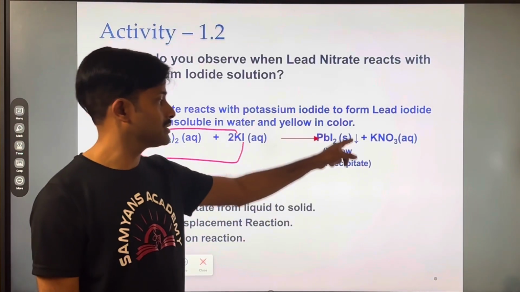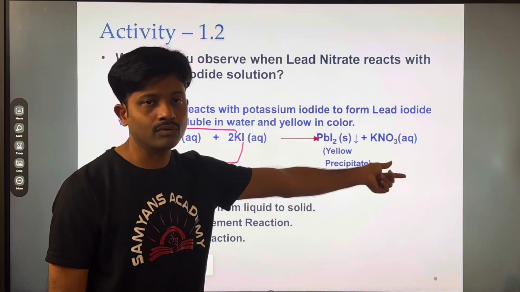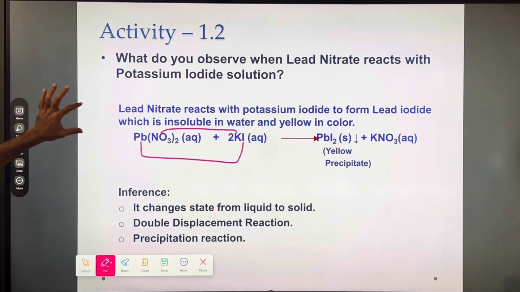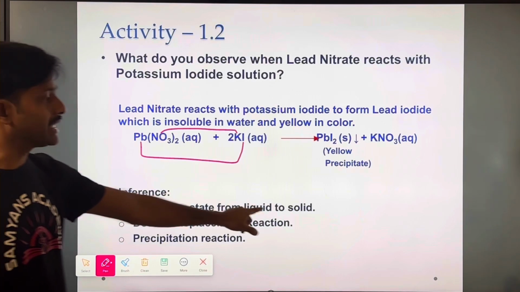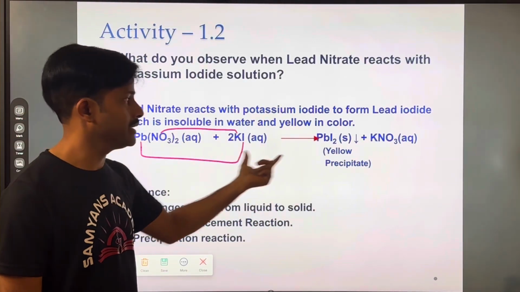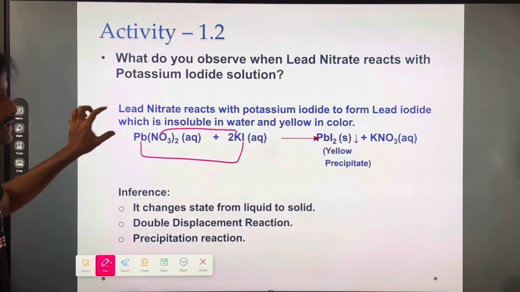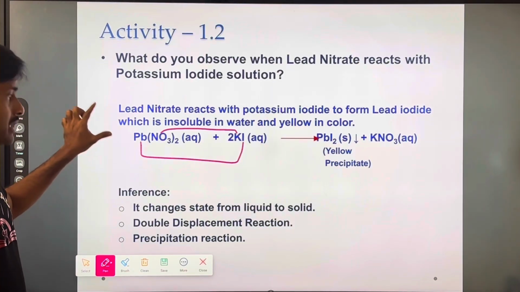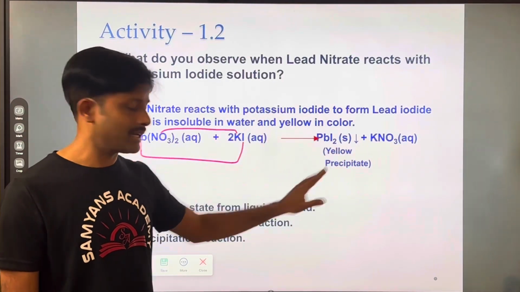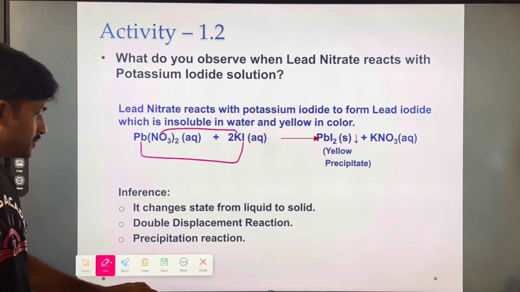This lead iodide is a yellow precipitate you will get here, and KNO3 is the aqueous solution. So in this, what happened? What do you observe here? It changes state from liquid to solid. Here the liquid is converted into solid. And this is also an example for the double displacement reaction, and also we call it a precipitation reaction.